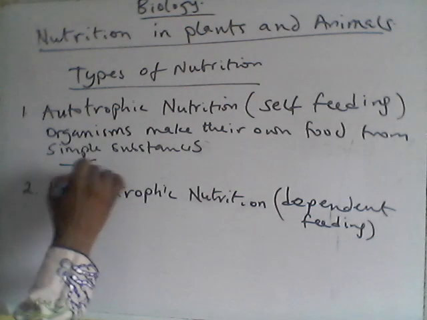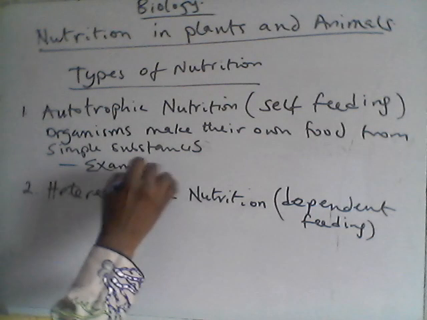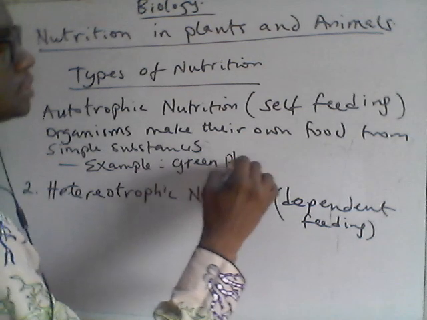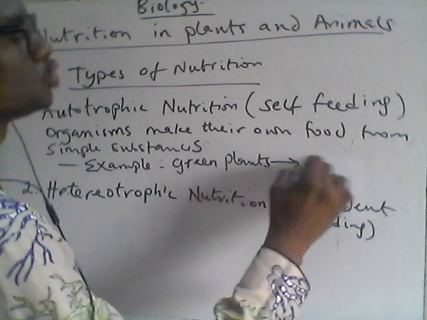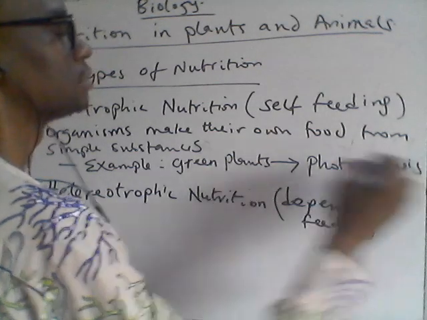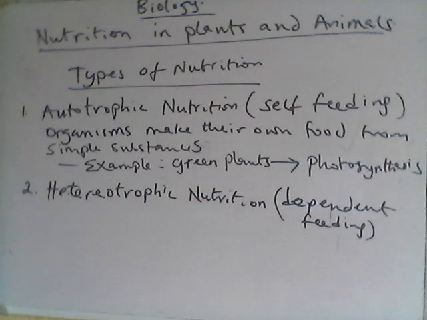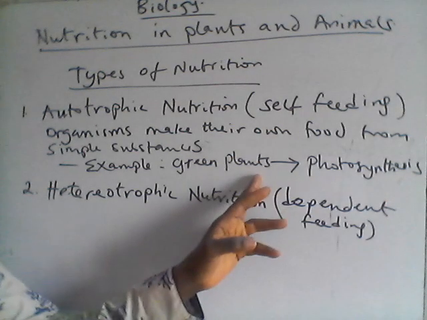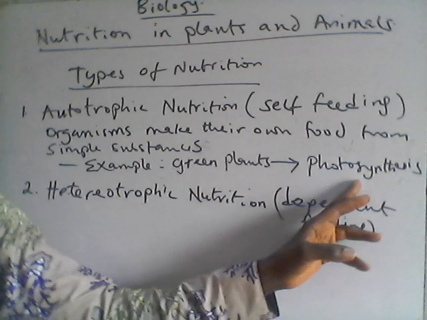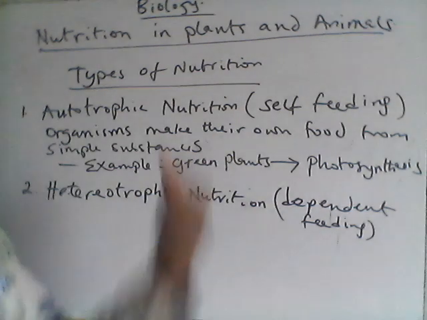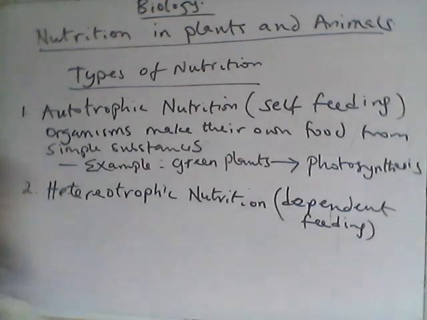Example, green plants use photosynthesis to make their own food. We'll look at photosynthesis later, but photosynthesis is where you utilize the sun, and the green plant, being exposed to the sun, gets its food manufactured through the process known as photosynthesis.